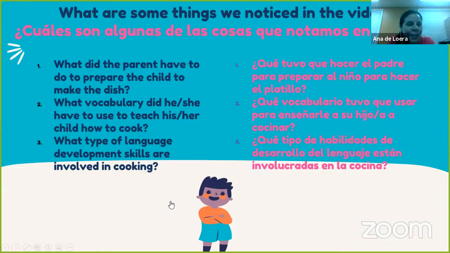It's a fun activity, and there's a lot of joy and delicious food involved, but it really can help our child develop vocabulary, learn how to prepare things, follow directions. It's just a wonderful thing for language development. Please put any comments you have in the chat or the Q&A.